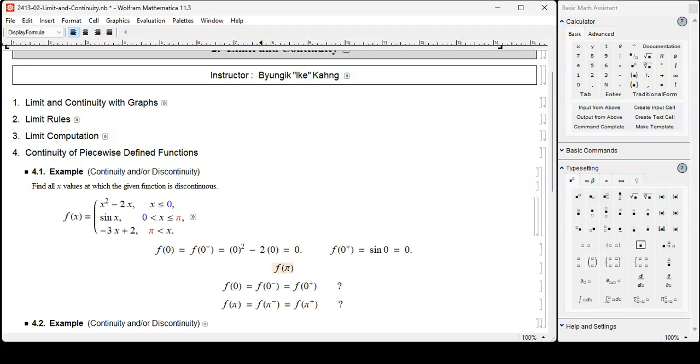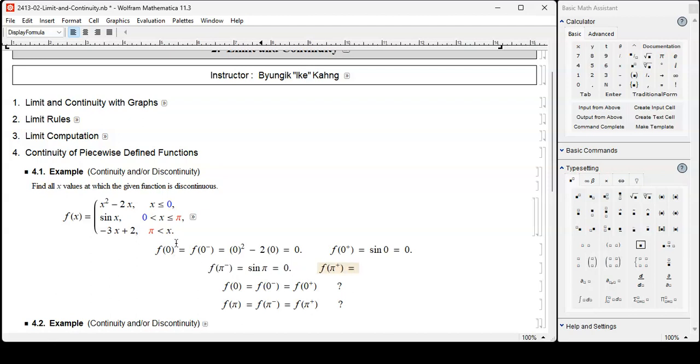f of pi, let's put pi minus. It'll be less than pi, so it's the second line, right? So sine of pi, and that's 0. Pi plus, how about that?